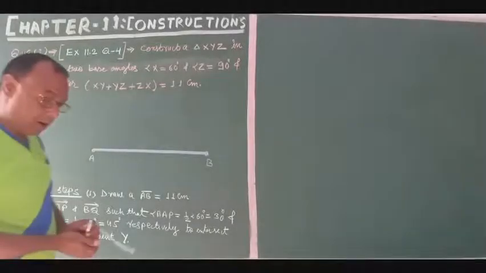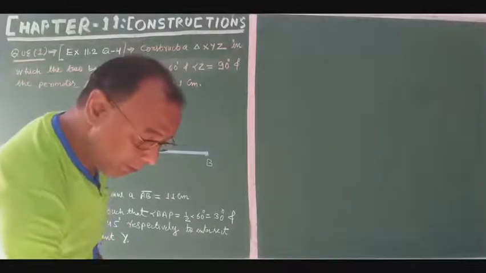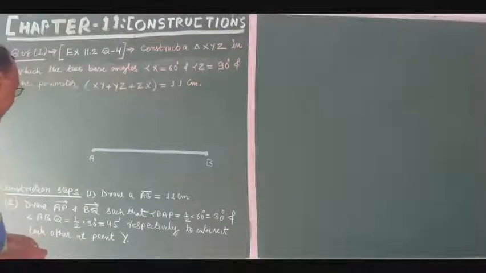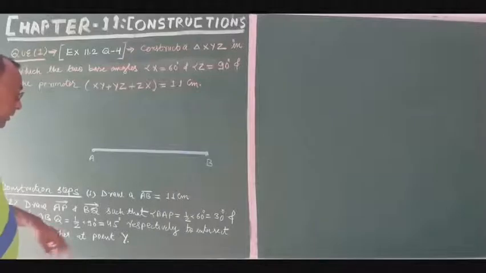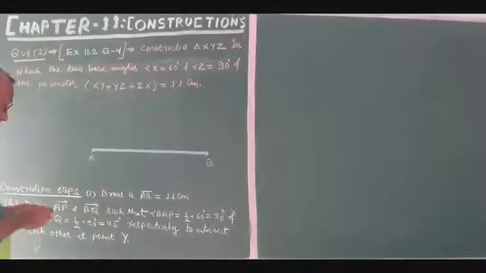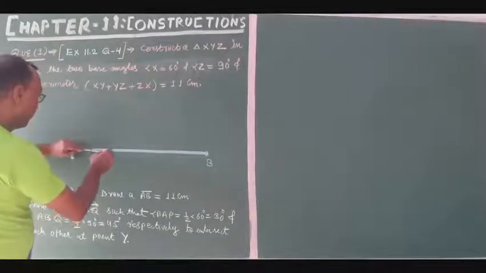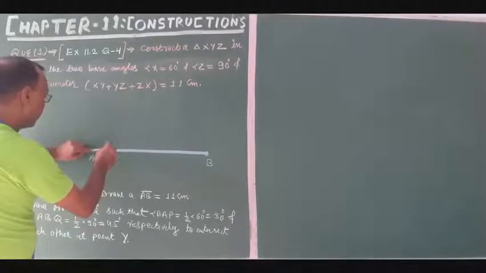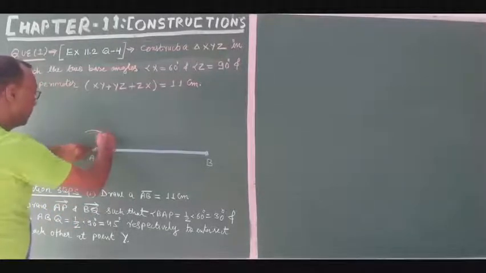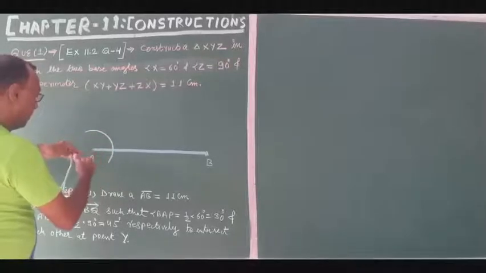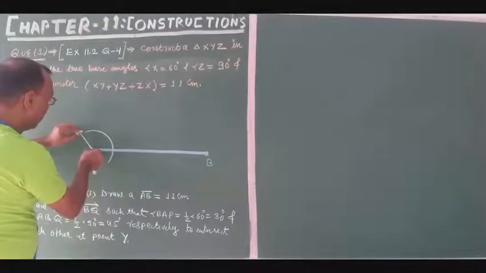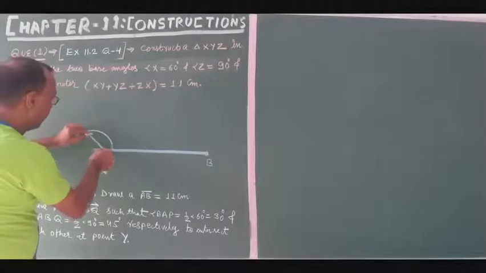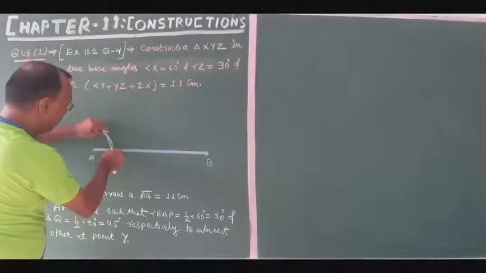Now, how you have to construct this? So just look here. At point A, we have to draw the ray AP such that this angle should be 30 degree. So how we will construct this? First we will take a suitable radius. Is it there? And then from here, so this angle will be 60.